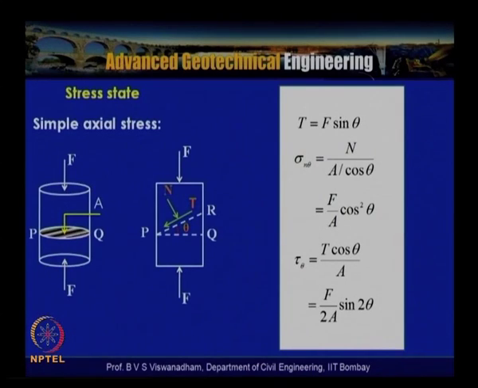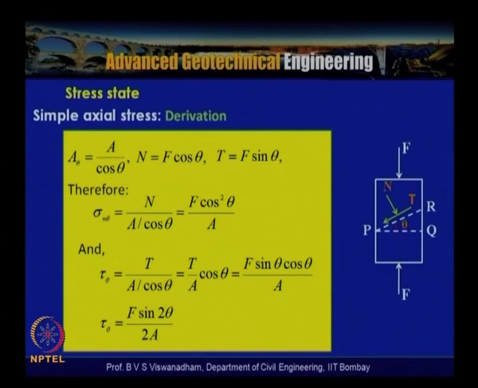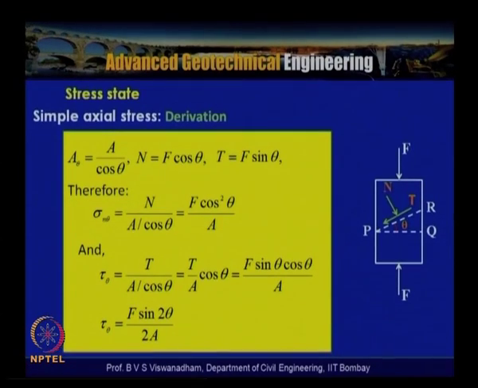With that we can write sigma n theta equal to F by A cos square theta, and tau theta, we can write T cos theta, that is the shear force acting on the area A, equal to F by 2A sin 2 theta. So with this we have got the stresses on the plane PR, sigma n theta and tau theta, and the derivation is worked out like this.